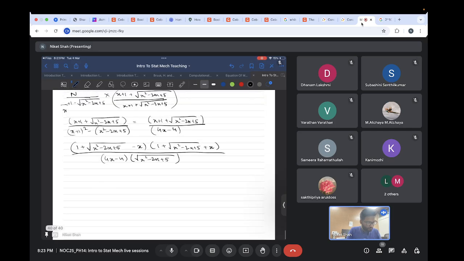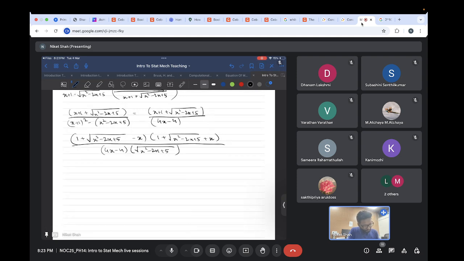This also might require some evaluation, so let's go ahead and do that. So this is 1 plus square root of x square minus 2x plus 5 the whole square minus x square.